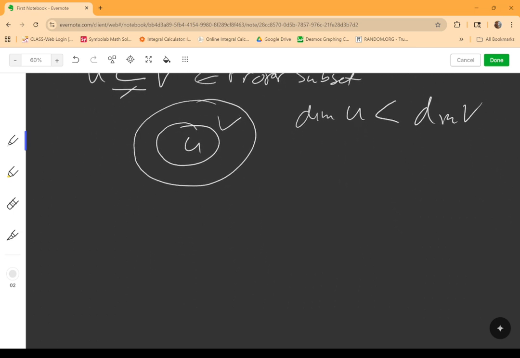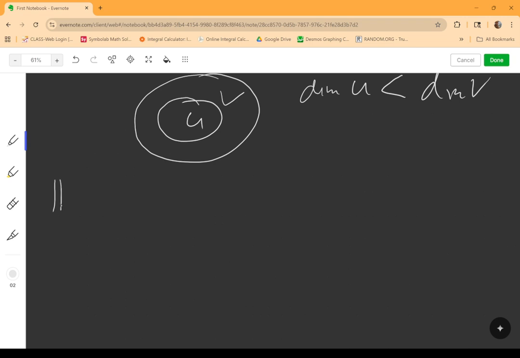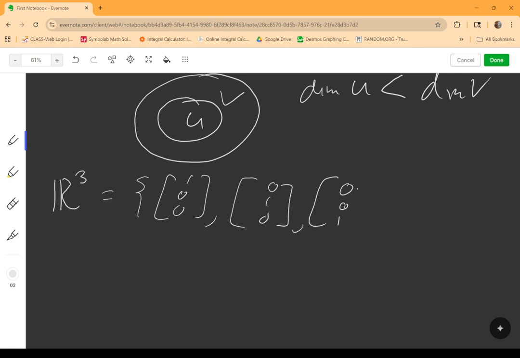A good way to think of this, at least geometrically, is R3, our Euclidean 3-dimensional space. We can think of subspaces as planes that go through the origin. The dimension of that would be 2. If we think of R3 with our standard bases, we can think of simply the xy plane.